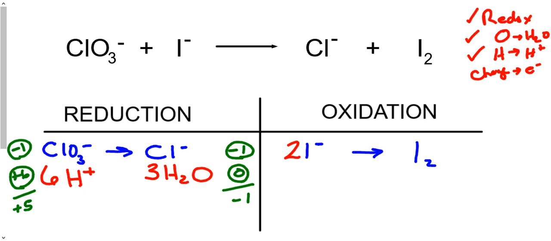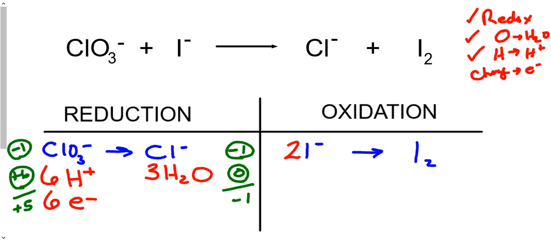And since I can only add electrons, which are negative, and bring the charge down, you always add your electrons to the side that has the higher charge. So to bring a charge of +5 down to a charge of -1, I'm going to need to add 6 electrons. +5 and -6 is -1. The reduction half is now balanced.